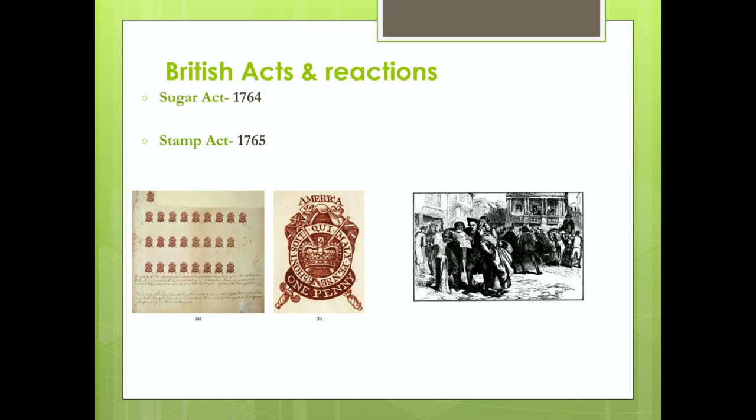The next one was the Stamp Act, and this was a direct tax on official documents. Things like marriage licenses, wills, and those types of things. You had to pay a tax on them just to get married. So again, it was a big deal. The colonists resented this very, very much. But again, this is going to be repealed, and what it means to repeal something is to do away with it.